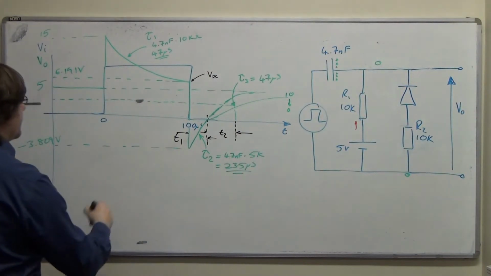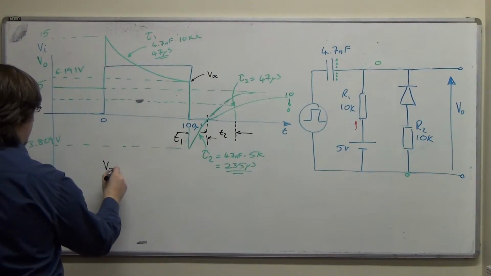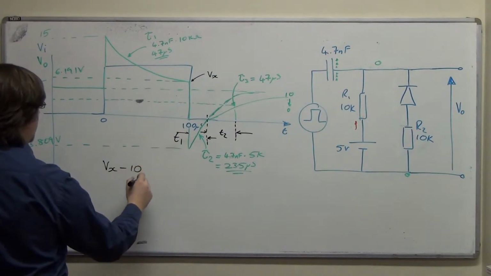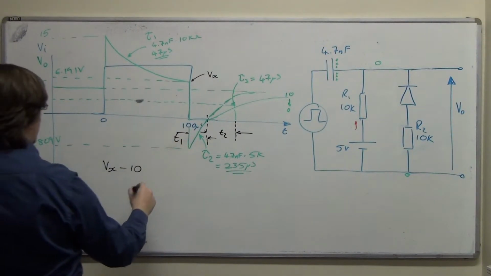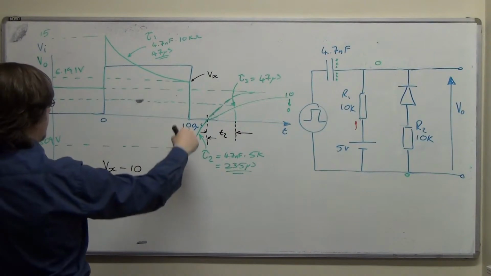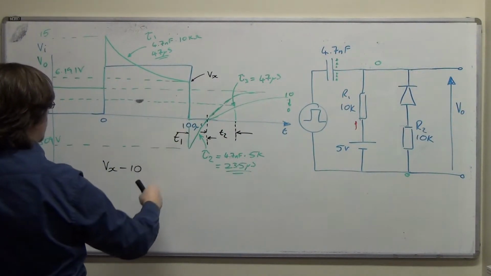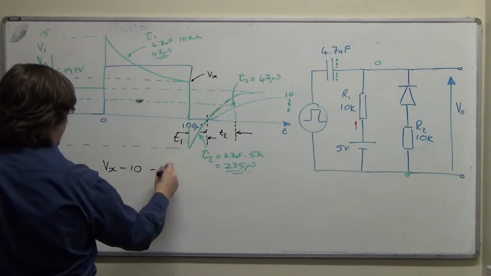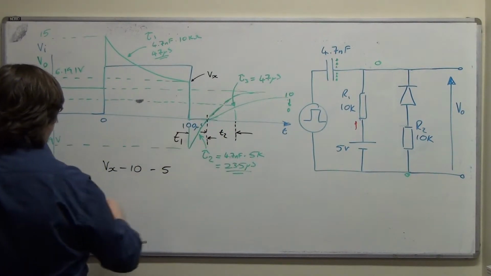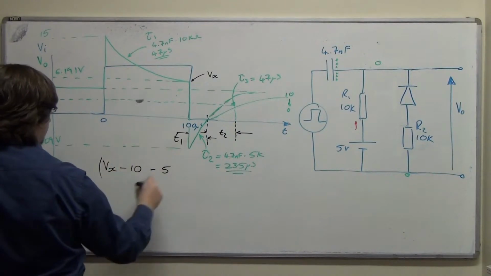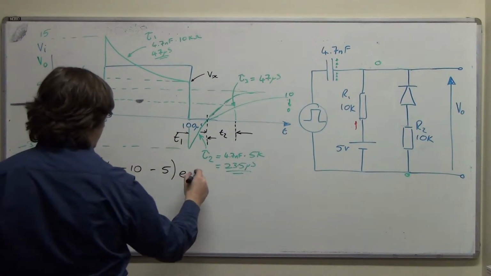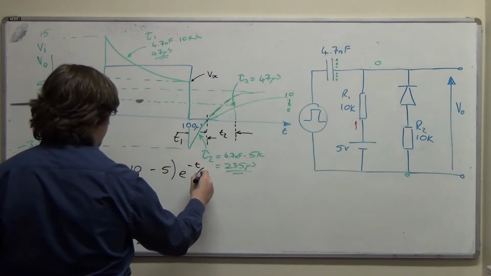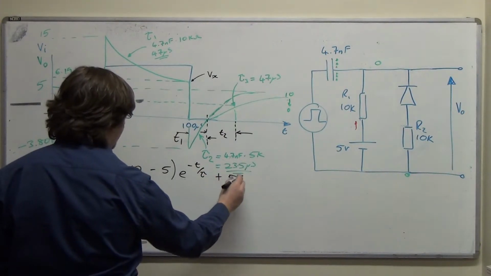So we have Vx minus 10 volts, which is the drop there, our initial starting condition, and then minus 5, across which we've dropped the exponential, e to the minus t upon tau, plus 5, which is our offset.